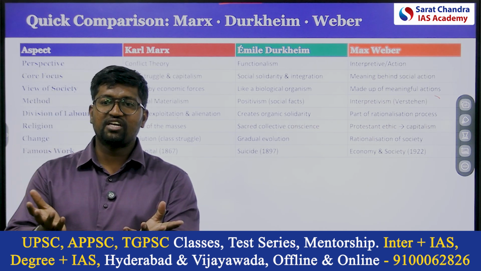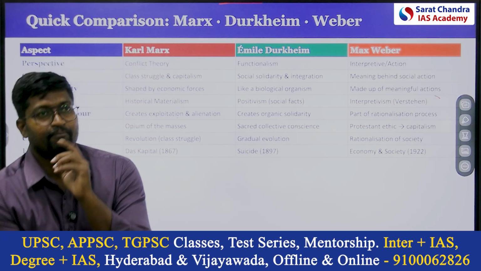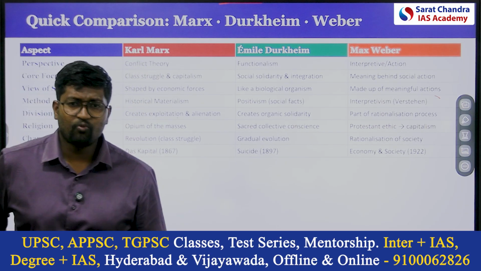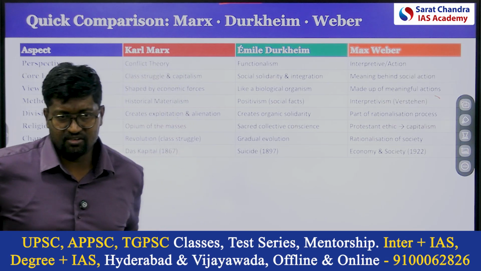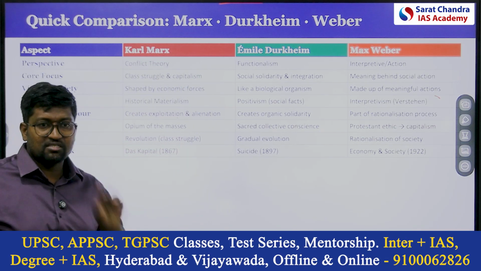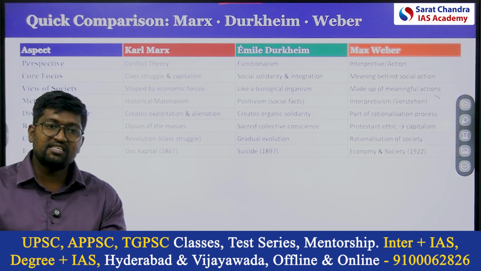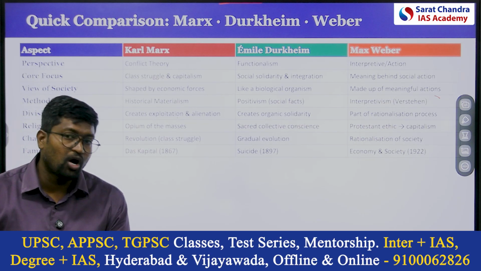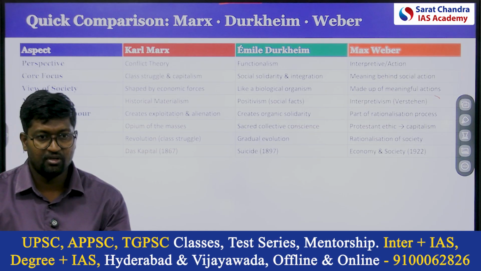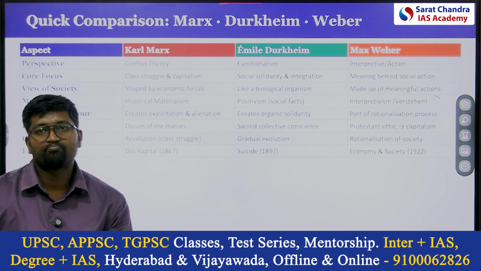People in the name of religion, see, I'll give a very simple example of why Durkheim is criticizing religion and how Karl Marx is saying that religion is leading to exploitation of workers.